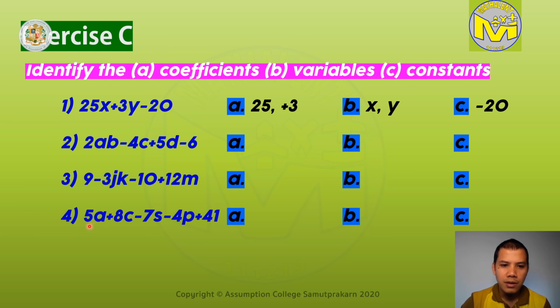So, let's identify each one of them. First, in the first term, what is 5? 5 is a coefficient, so put 5 here.